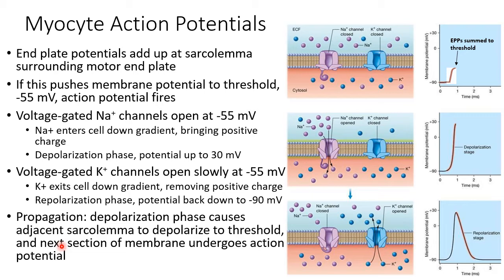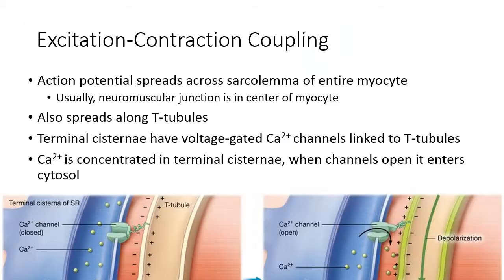That is going to spread across the entire membrane, because once the first part of the membrane right by the motor end plate enters the depolarization phase, you'll have sodium coming in. It will diffuse along the membrane and open new voltage-gated sodium channels a little bit further distant on the membrane, and that starts an action potential in that part of the membrane, and so on and so forth.